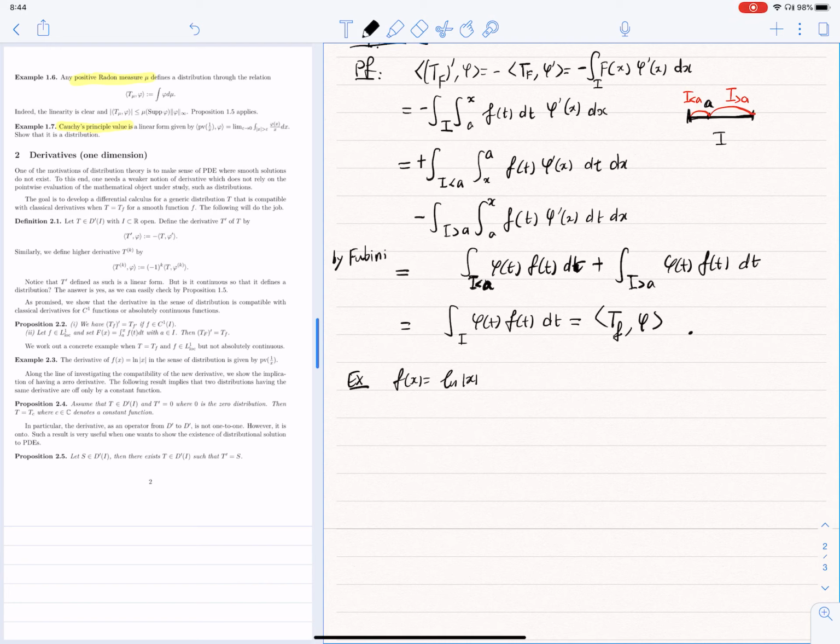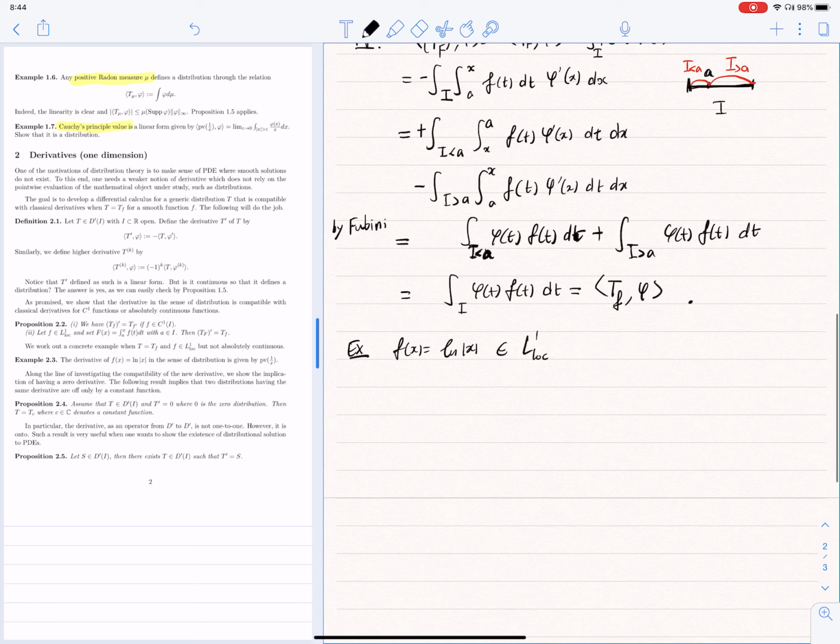So this function, as we can check, it is an L1 log function, right? So there's a singularity at zero, but it is really a very weak singularity because it is integrable around zero. So the goal is to compute the derivative of this, and this function is not absolutely continuous, right?